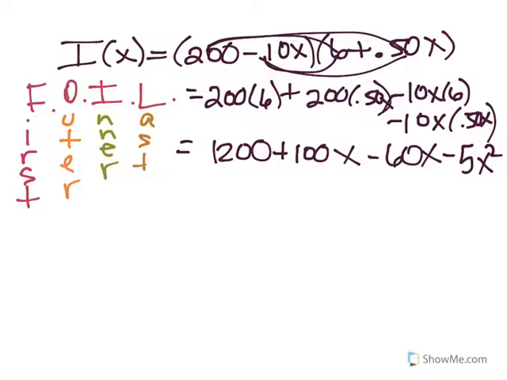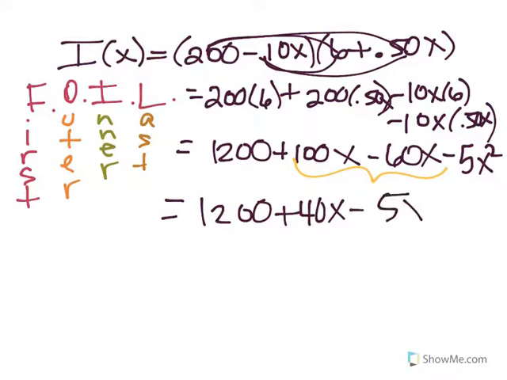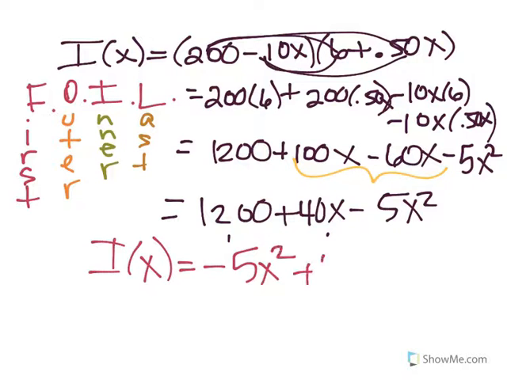Now we actually need to simplify and combine like terms. So we get 1200 plus 40x minus 5x squared. Now we need to rearrange this to where we have our x squared term first, we have our x term in the middle, and then we have our constant on the other side. So we get I of x is equal to negative 5x squared plus 40x plus 1200.